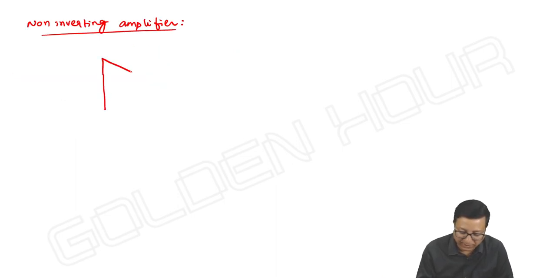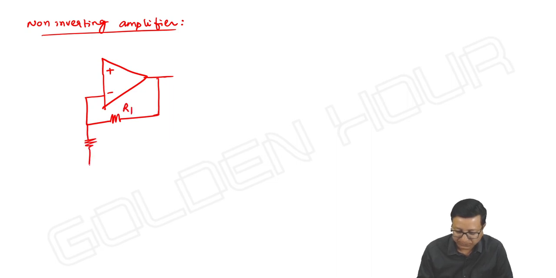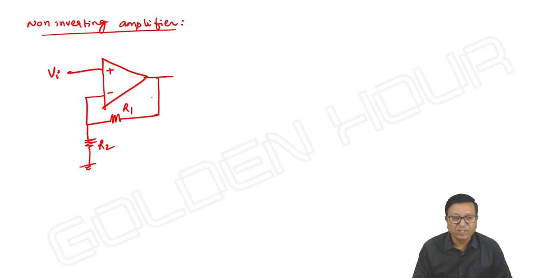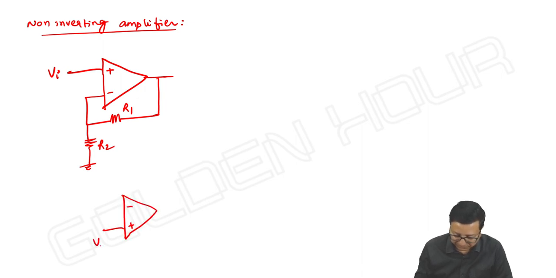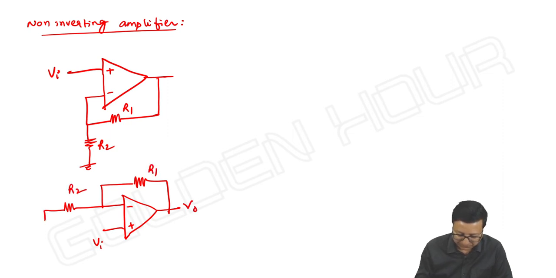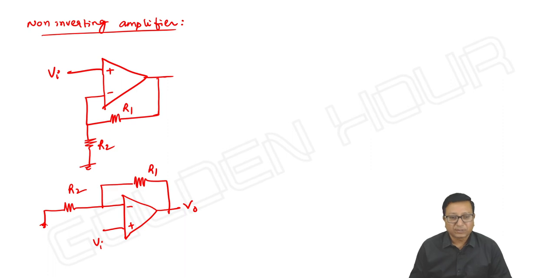The circuit I started with is like this. The same circuit I can redraw this way. Both are one and the same. Next, what do we do?